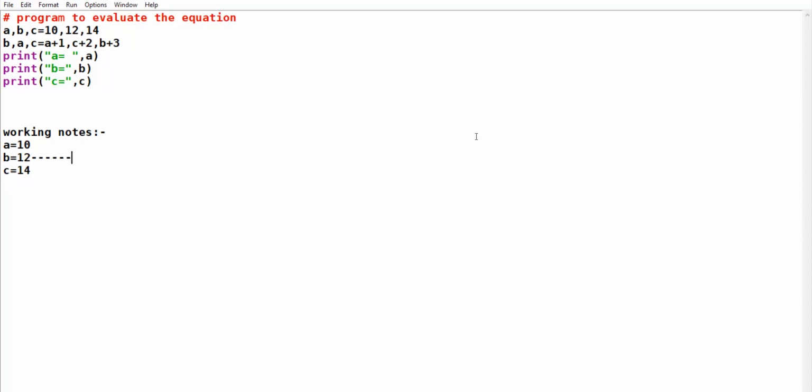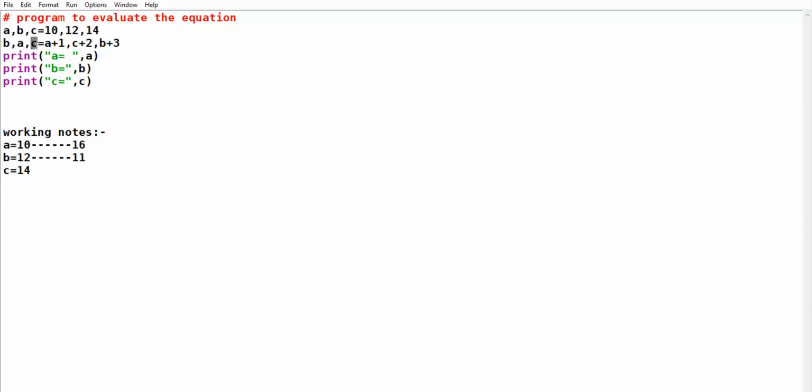B की वैल्यू 11. B for bat. 11. How? A की वैल्यू 10 है तो 10 plus 1. B means a plus 1. A 10 है, 10 plus 1 is 11. Okay. Then A 16. Okay.